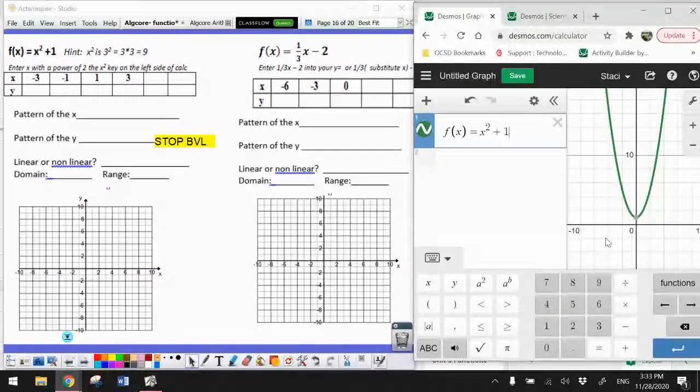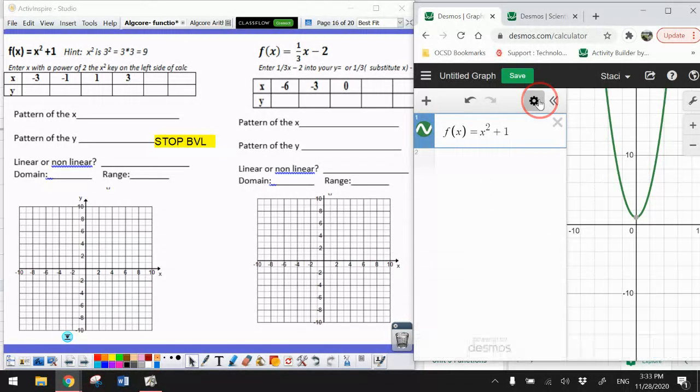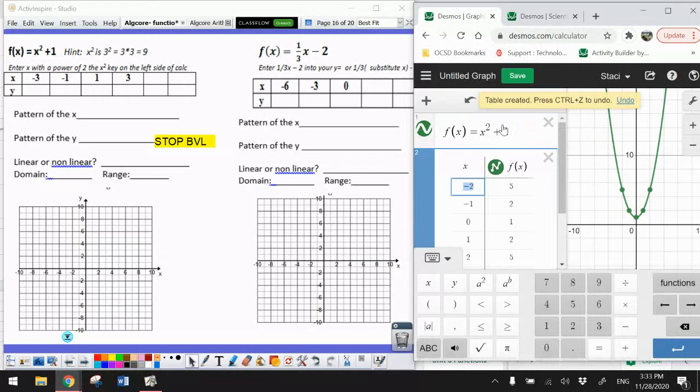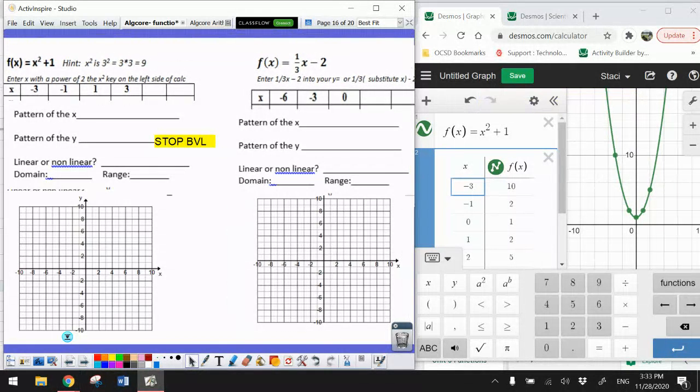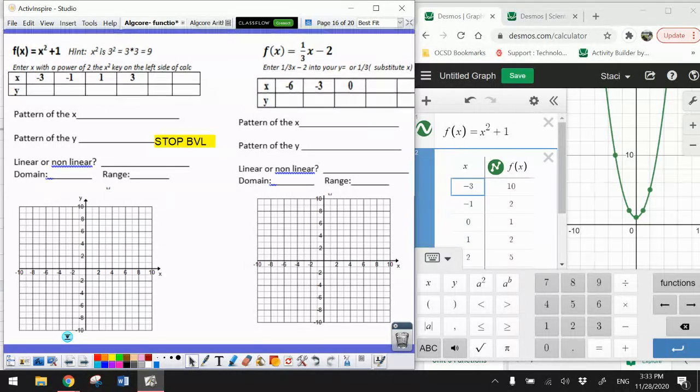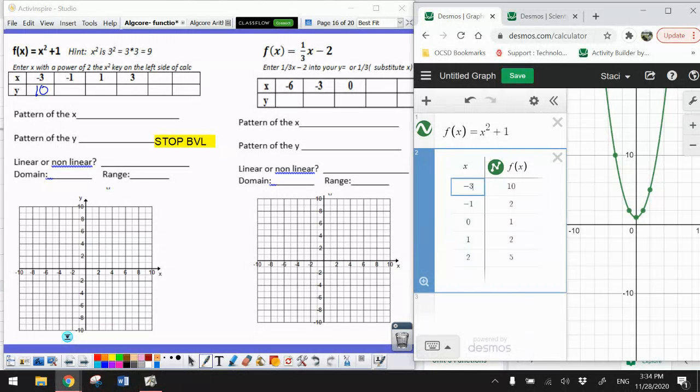Okay, so let's go ahead and create our table. And I need negative 3. Negative 3 is 10. Negative 1 is 2. 1 is 2.